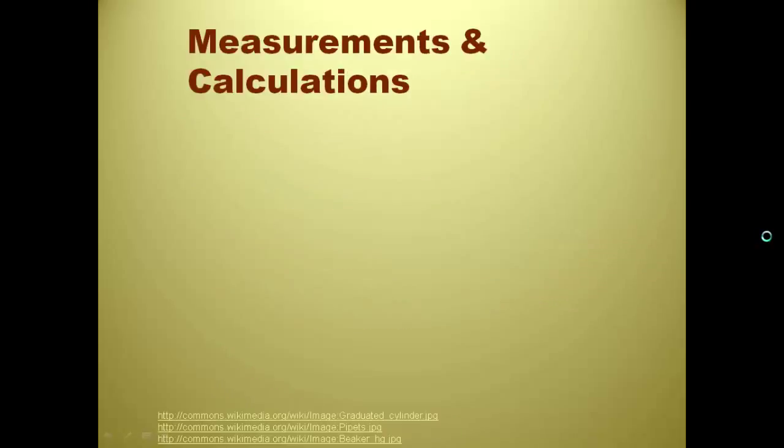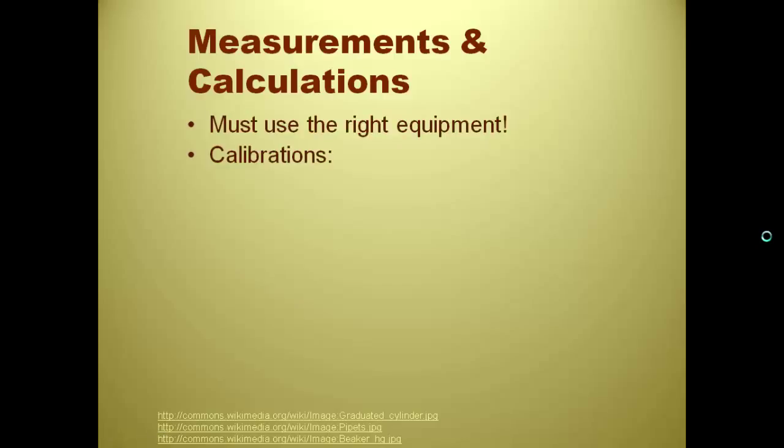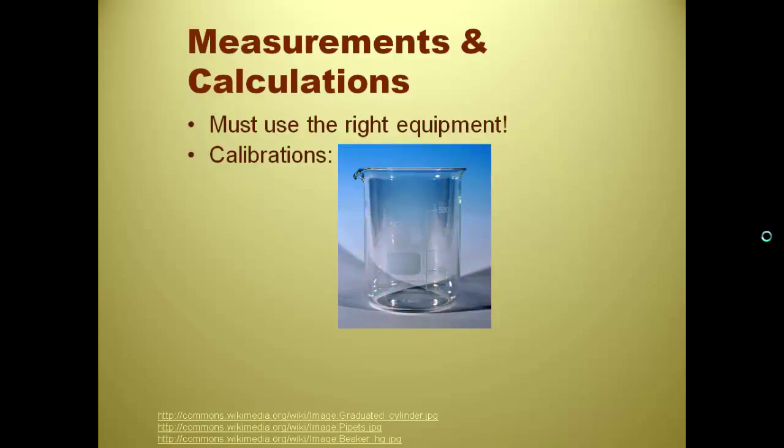Anytime you're measuring something or calculating something, you have to make sure you're using the right equipment. For instance, if you have a beaker, we see there's only a marking every 100, 200, 300. So every 100 mLs. So if I wanted you to measure out 55 milliliters, this would not be a good tool to use.